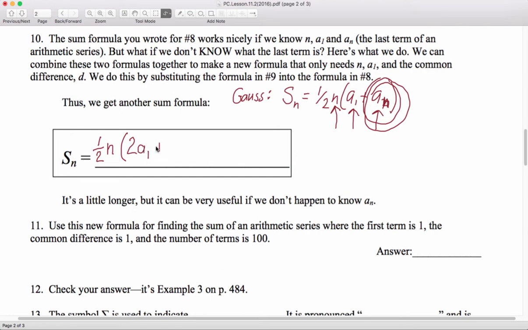It is really just a version of Gauss's formula, where we've substituted in the formula for the nth term instead of a sub n, and then did a little simplifying. So this is the formula we would use to find the sum of an arithmetic series if we don't happen to know the last term.